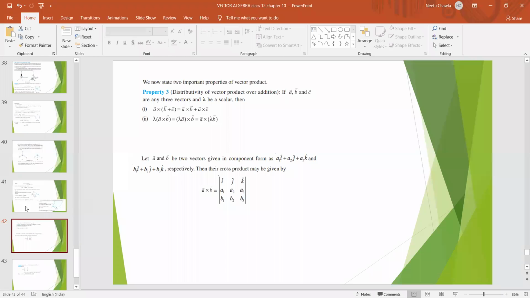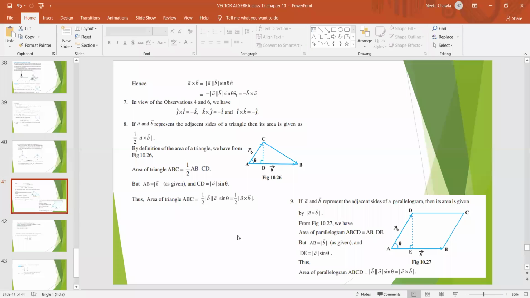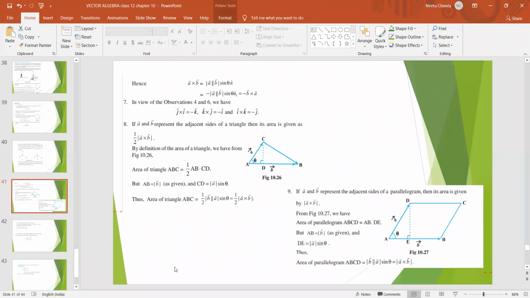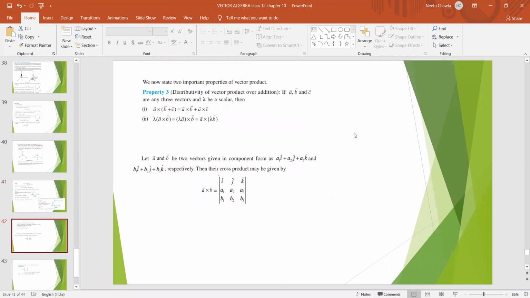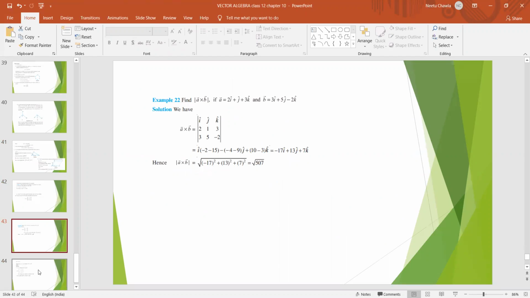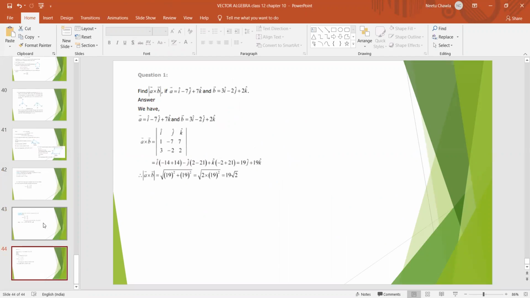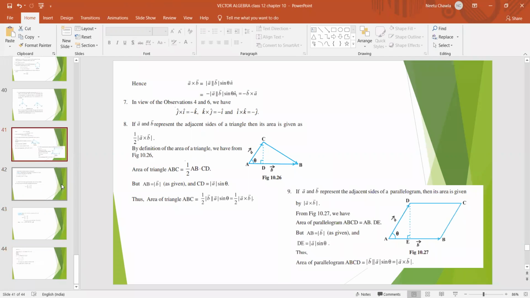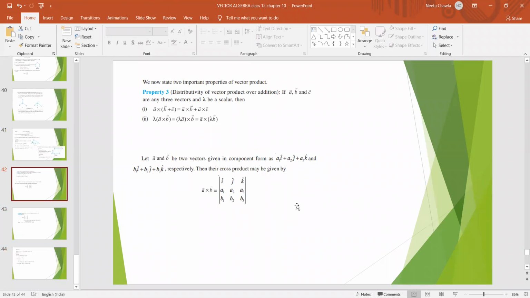And moving to this property, this is the property, distributivity of vector product over addition. हमने देखा कि कम्यूटेटिव तो नहीं है, what about distributive? So let us see the distributive property: A cross (B plus C) is A cross B plus A cross C. We should know about this.